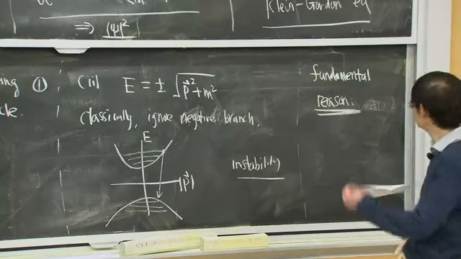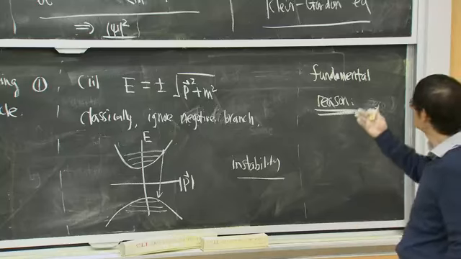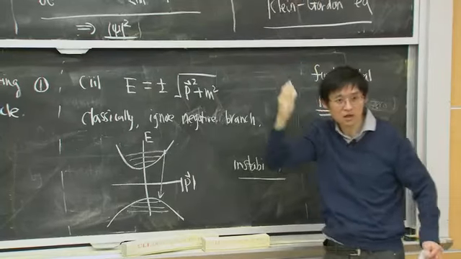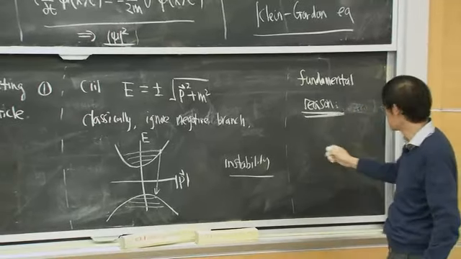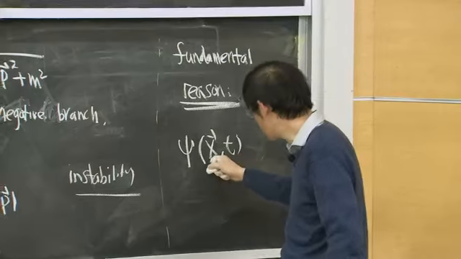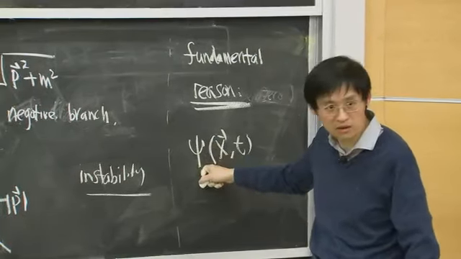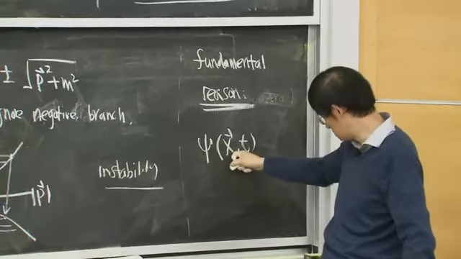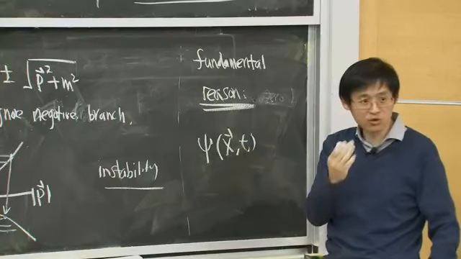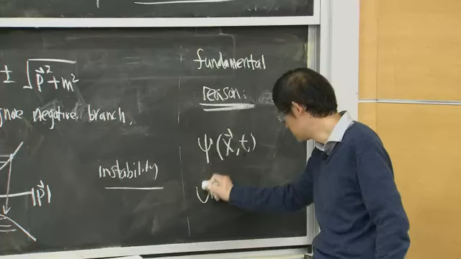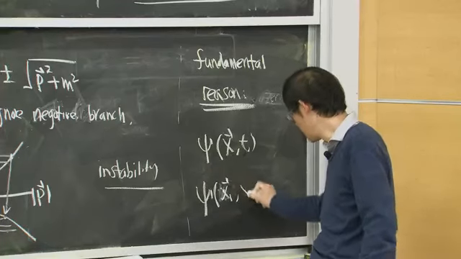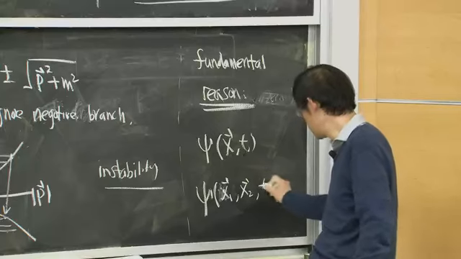By definition, if you want to interpret this kind of thing as a wave function, what's the interpretation of the wave function, which we already said? This describes the amplitude for a single particle at some point x at time t. But now if you have two particles, you introduce the location for particle 1 and particle 2 and t.